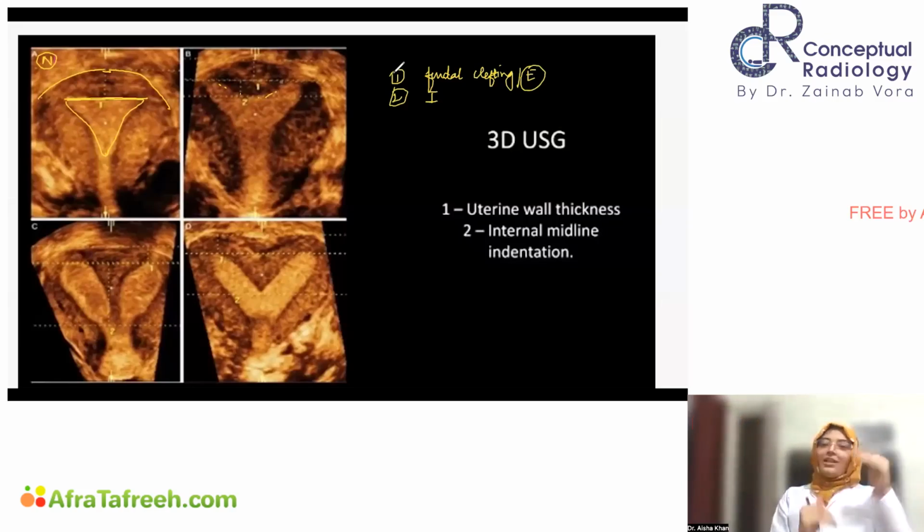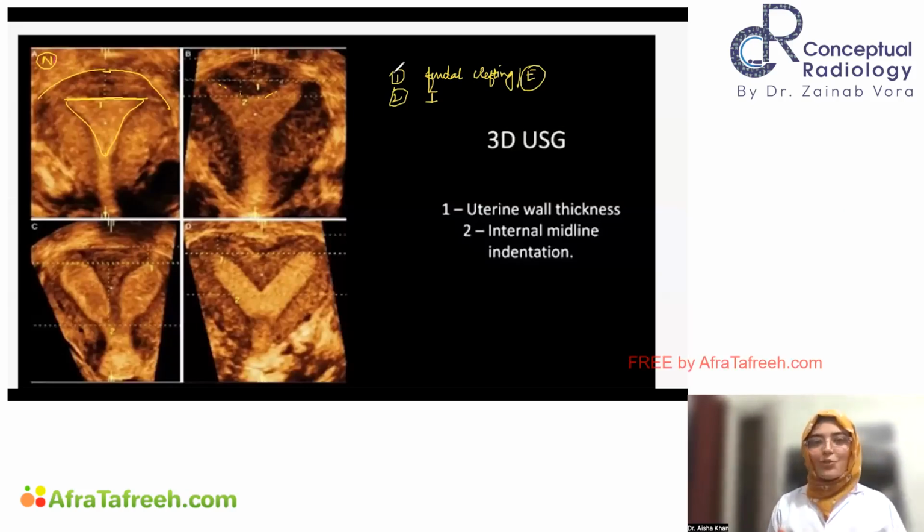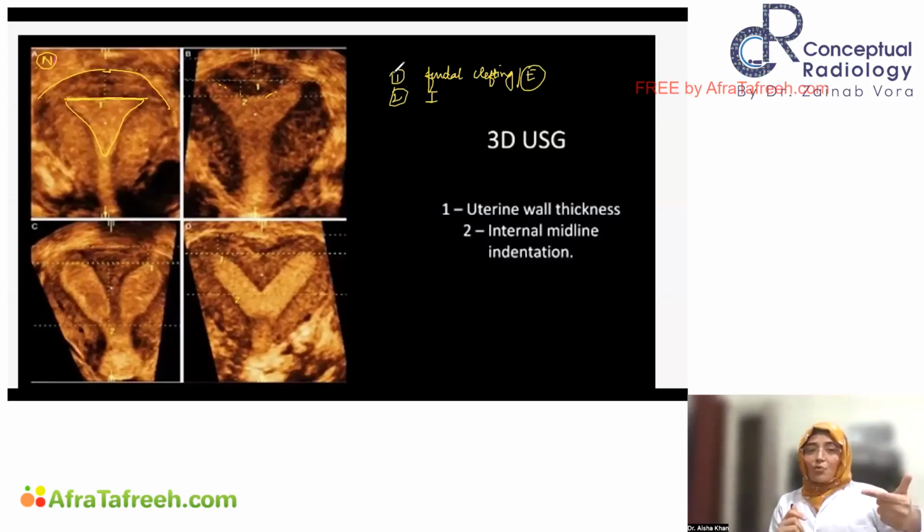Okay? And everything in between external and internal is the myometrium, because the uterus has 3 layers: the inner mucosa or the endometrium, in the middle the main wall, that is the myometrium, and the external serosal surface, which is the fundus right now what we are discussing.